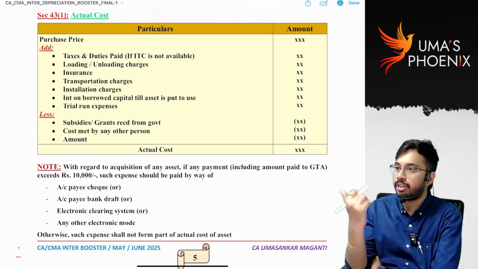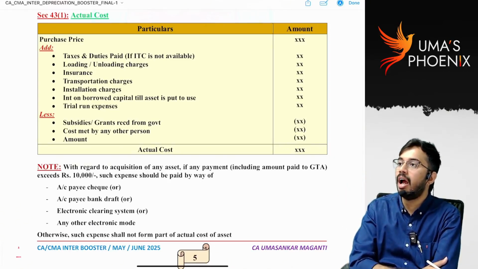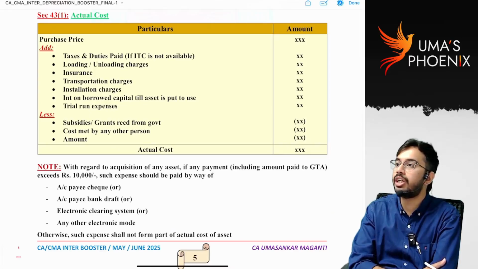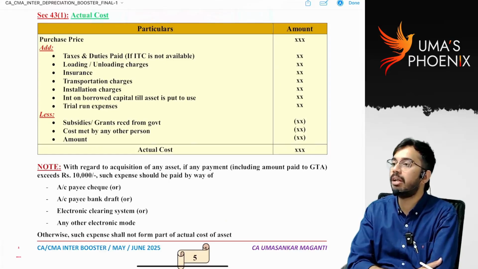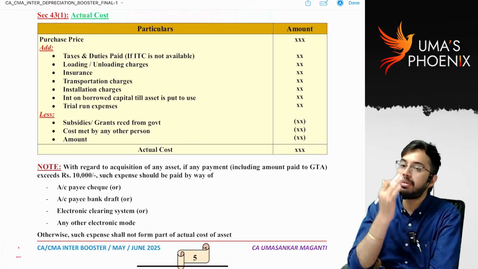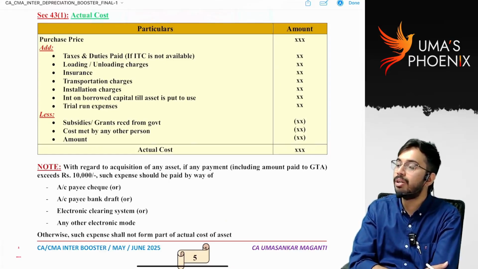There is a process. Let's say I am into manufacturing of tires. For manufacturing tires, I require a plant and machinery. That plant and machinery is not available in Hyderabad. It is available in Mumbai. So in Mumbai I purchased that plant and machinery. The cost is 80 lakhs.